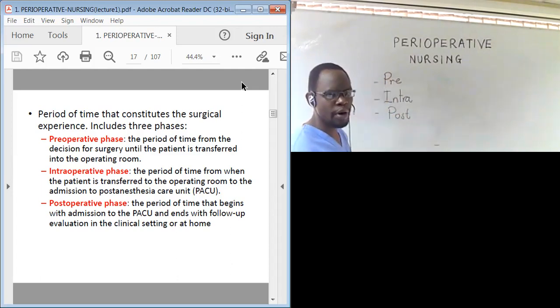These are the phases that comprise perioperative nursing.